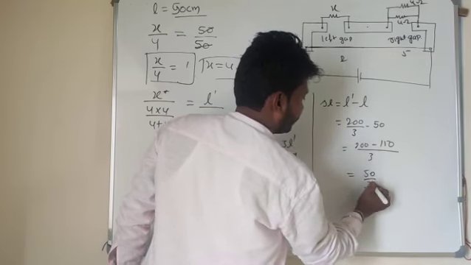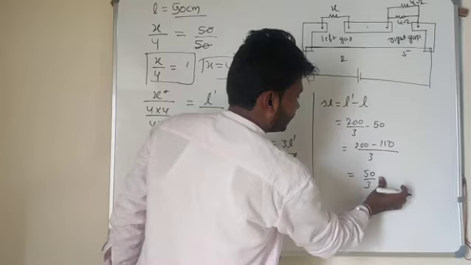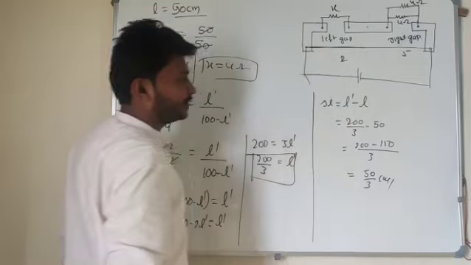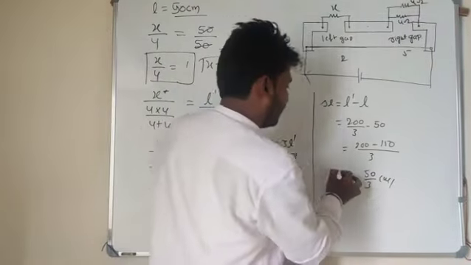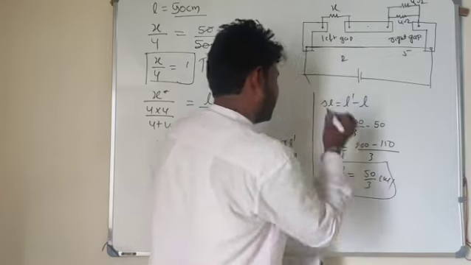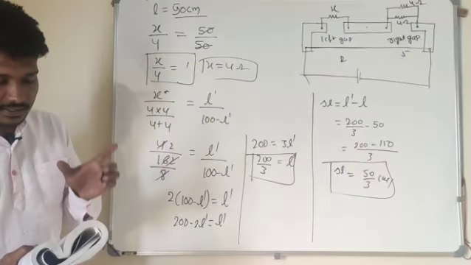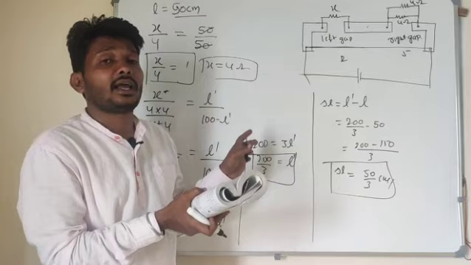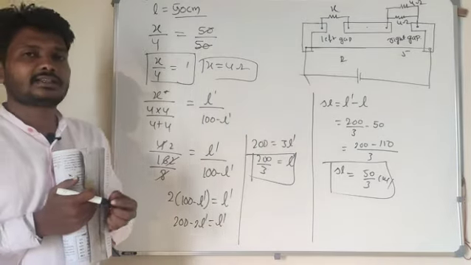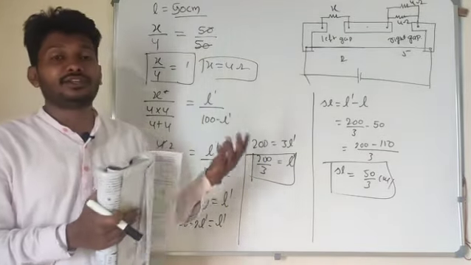So that is 50 by 3 centimeter. How much shift exists here? Delta L is equal to what? So delta L is equal to 50 by 3 centimeter here. So this is the way to calculate the numericals related to the balancing condition of Wheatstone bridge.